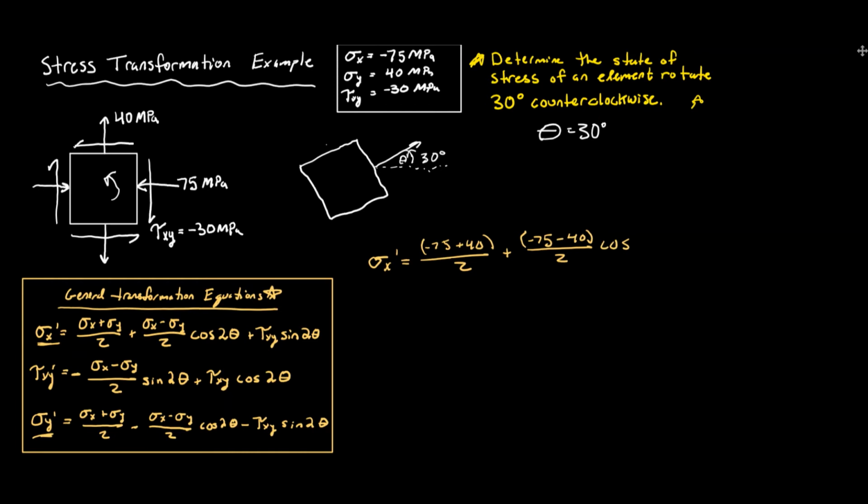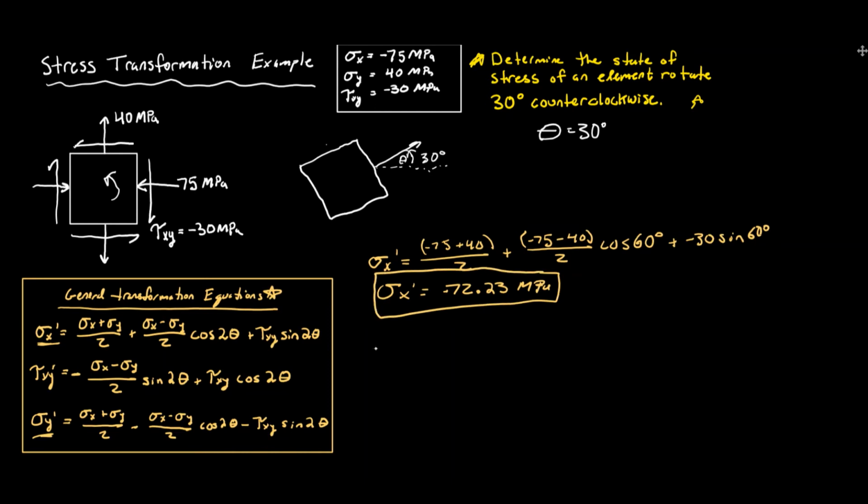If theta is 30, 2 theta is 60 degrees. Plus tau xy, negative 30, multiplied by the sine of 60 degrees. If we do that out, our new normal stress in the x direction is negative 72.23 megapascals.